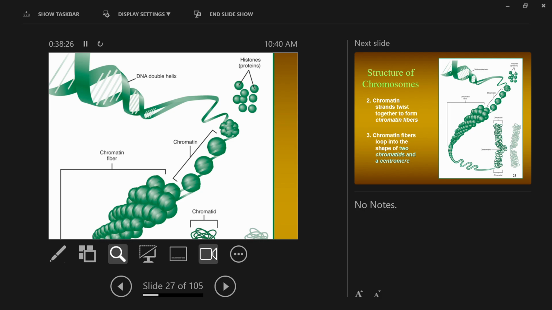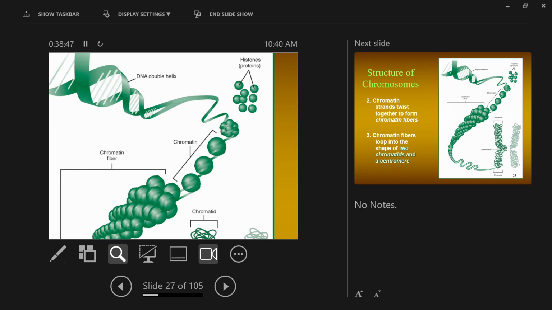That double helix DNA strand is wrapped around something called a histone. Histones are little globs of protein that basically help us package DNA, so that it's not going to get all tangled up and messed up and break. So histone beads are little globs of protein.